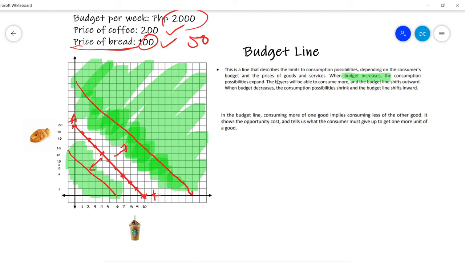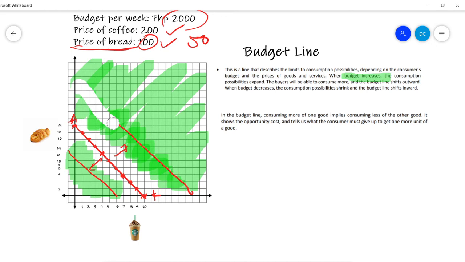So I'll give you 5 seconds to think. 5, 4, 3, 2, 1. Time's up. So ngayon, anong mangyayari kapag nagmura yung bread from 100 to 50? What will happen to this budget line? It will rotate itself upward.